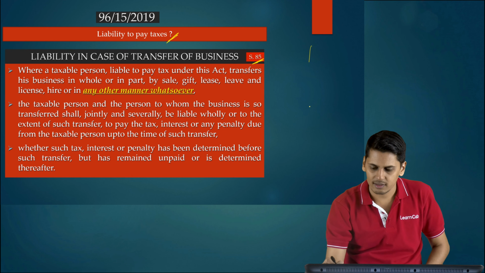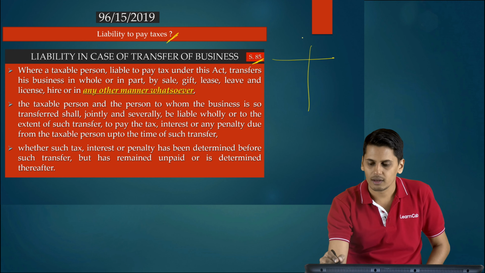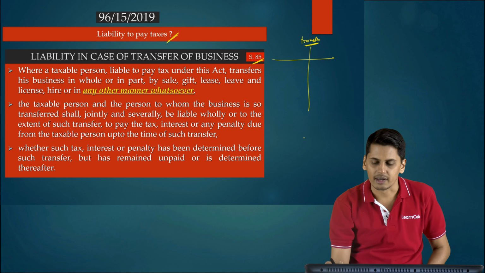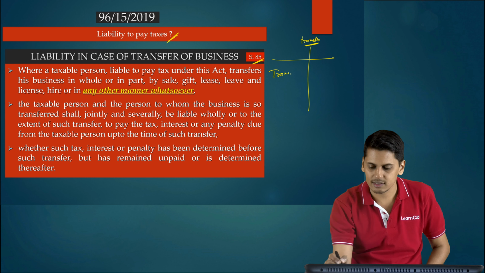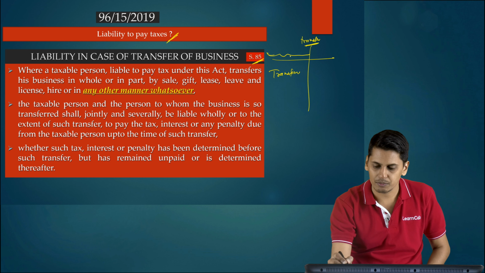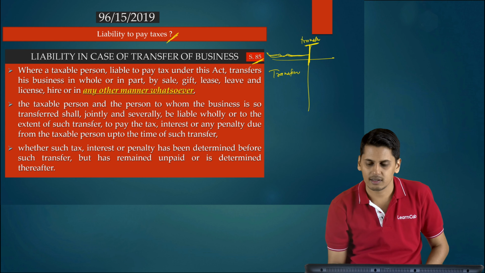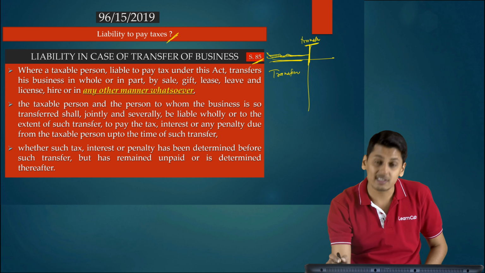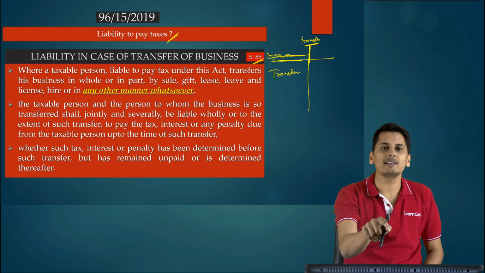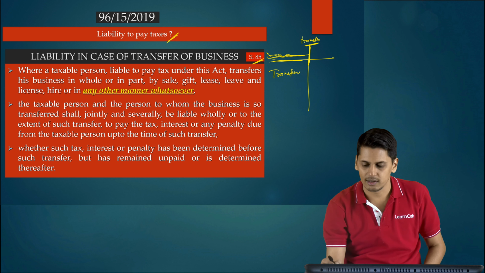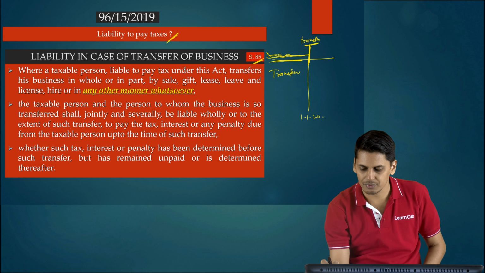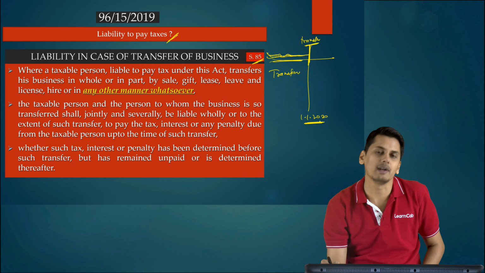So friends, section 85, this principle is very simple. Let's suppose transfer is taking place on this particular date. Now, any liabilities pertaining to the period before the transfer took place, whether found out during this period or found out subsequently. Let's suppose this transfer is taking place on 1st of January 2020.